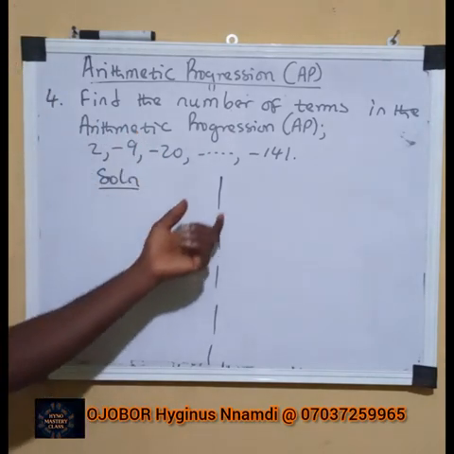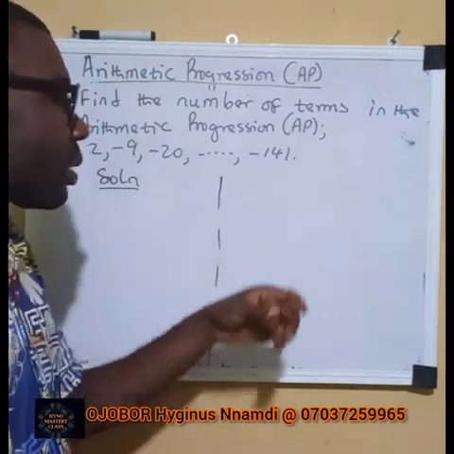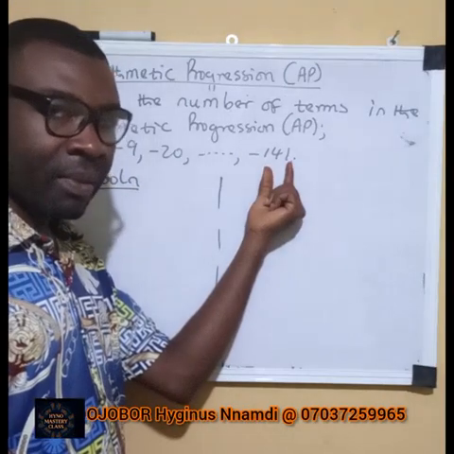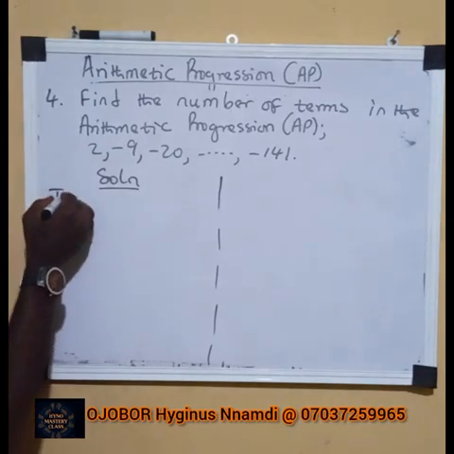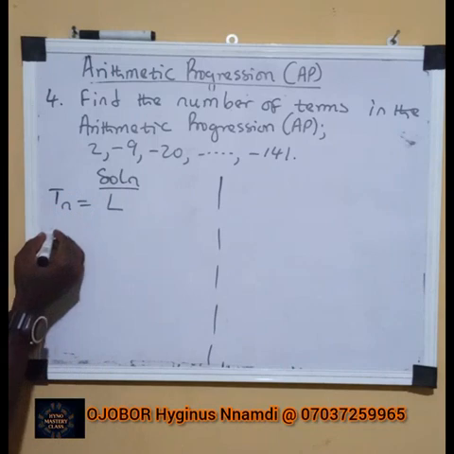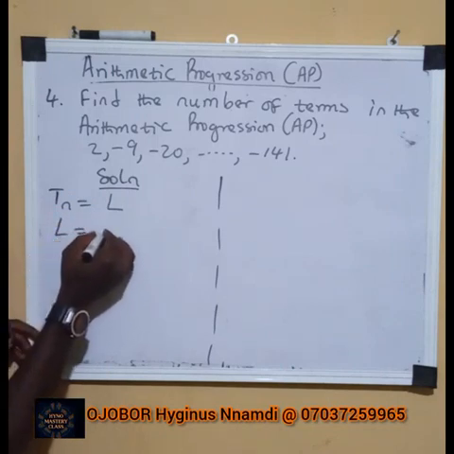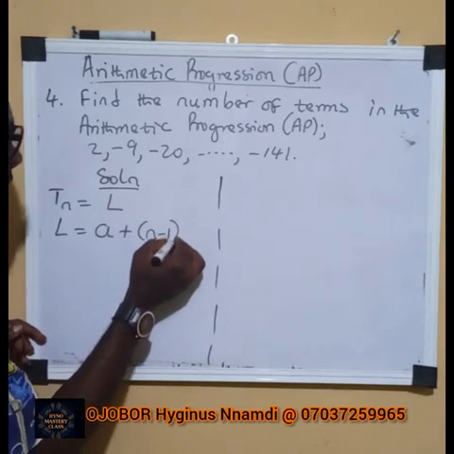So our job now is to get the number of terms. To get the number of terms in a sequence, we use the last term. We use the last term as the Tn. So the Tn is the last term, which I use L to represent. And the formula for the last term, or Tn, which I have stated, is a plus n minus 1 times d.